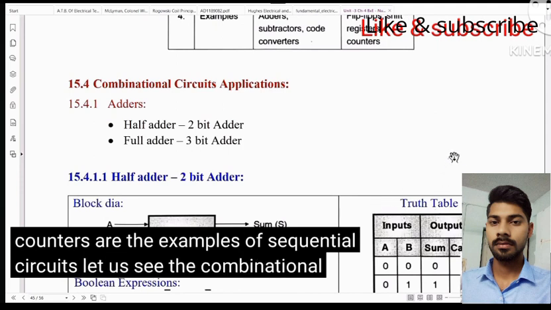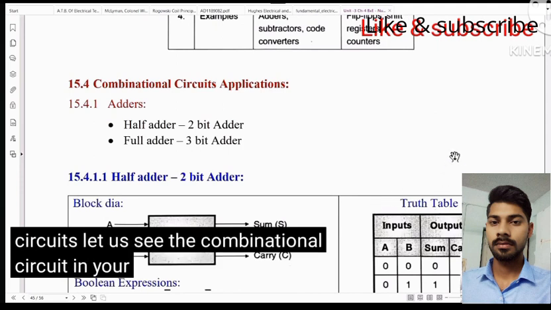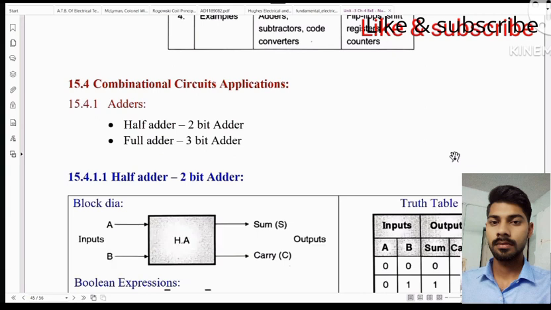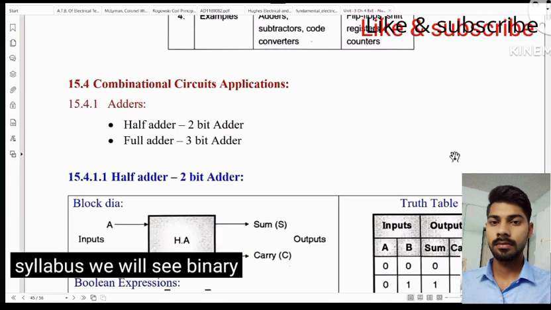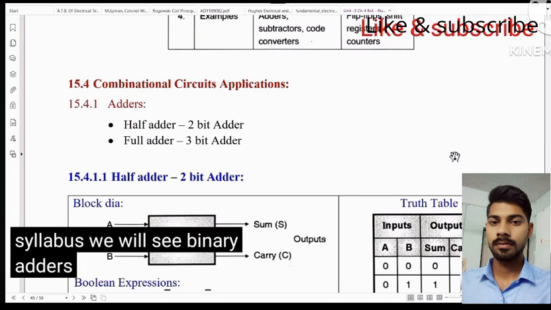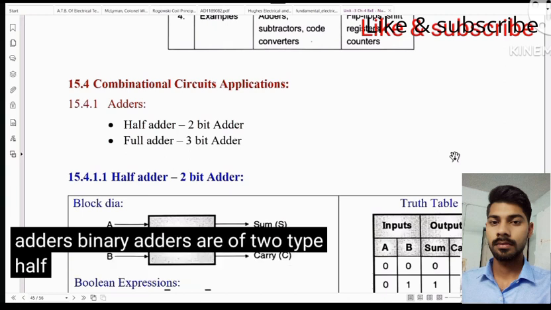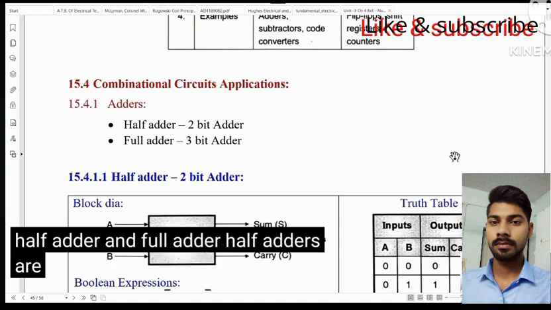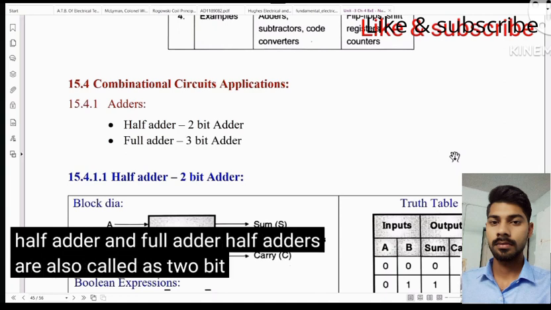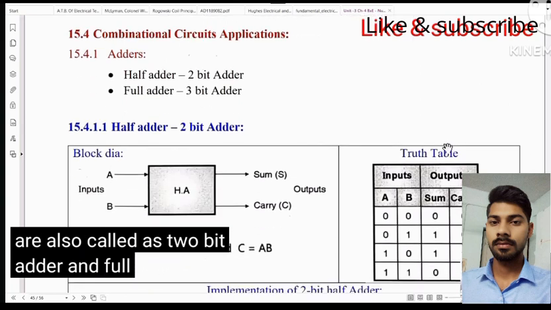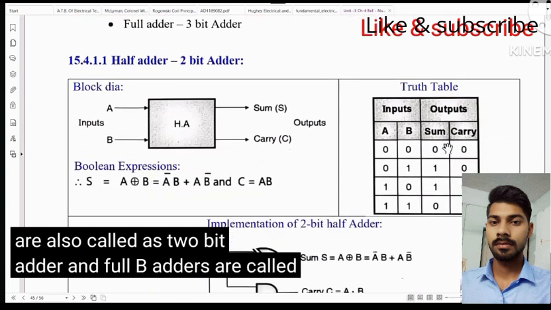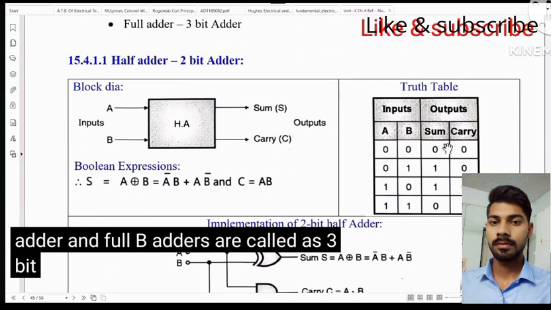Let us see the combinational circuits in your syllabus. We will see binary adders. Binary adders are of two types: half adder and full adder. Half adders are also called 2-bit adders, and full adders are called 3-bit adders.